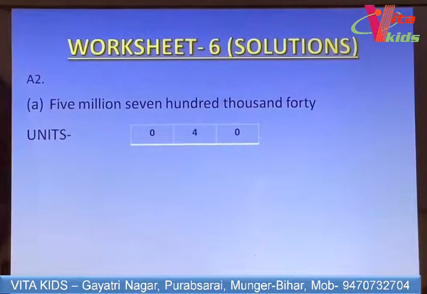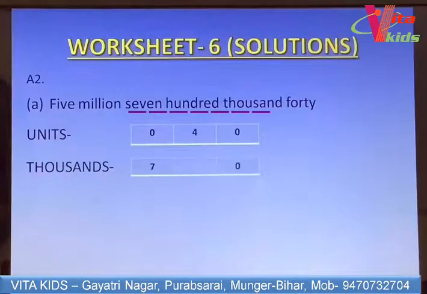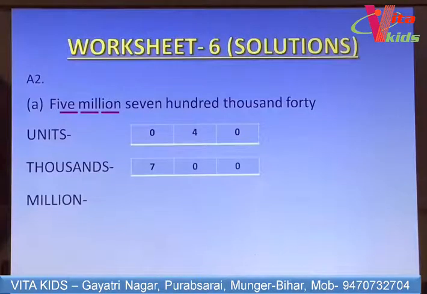Then we come to the thousands period. In thousands period we have here 700,000. So 700 is there in the thousands period. It will be 700. Then comes millions period. In millions period we have 5 million, which is going to be 005 or just 5.